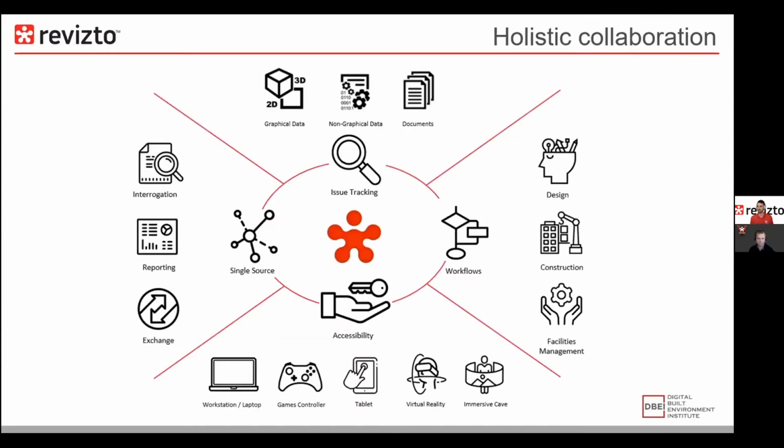So Revisto is what we like to call an integrated collaboration platform. Obviously, issue tracking is one of the things that you can do within the Revisto world, but ultimately Revisto is there to connect all the project teams through all of the stages of an asset lifecycle, pretty much, and connect the teams through both 3D models, non-graphical data and documents that come with those models, and 2D sheets in there.